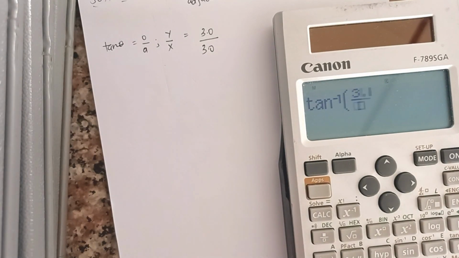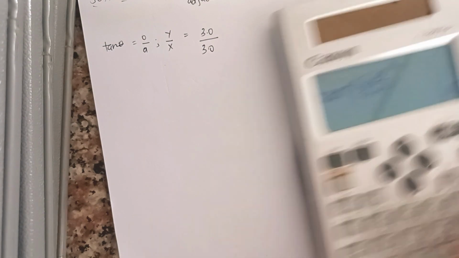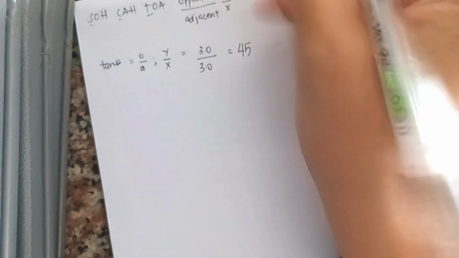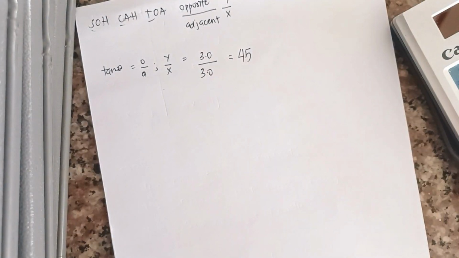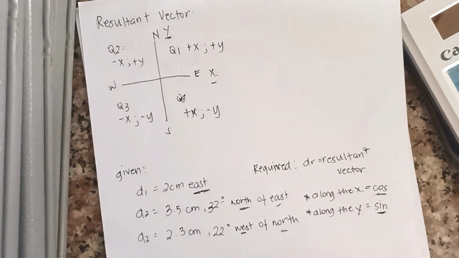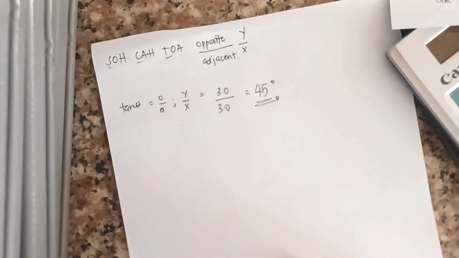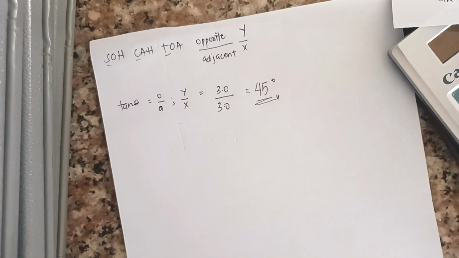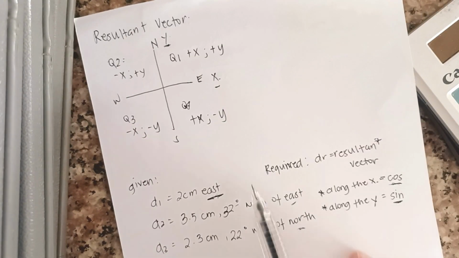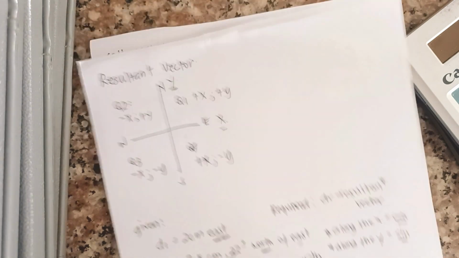So, we have 3. Sa baba ay 3. So, we have now 45. So, i-direction natin kanina based sa ating given ay degrees. So, 45 degrees. Okay, now. Yan. 45 degrees direction kasi natin dito sa given ay naka-degrees po siya.